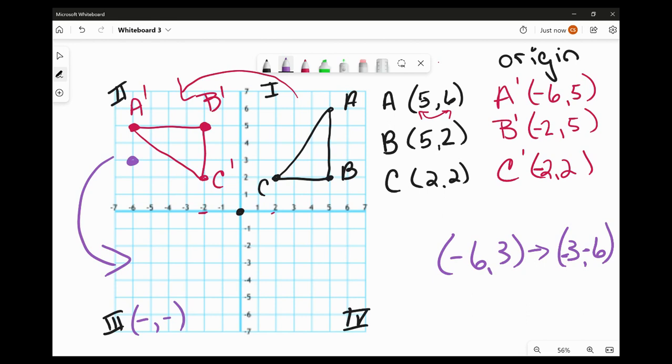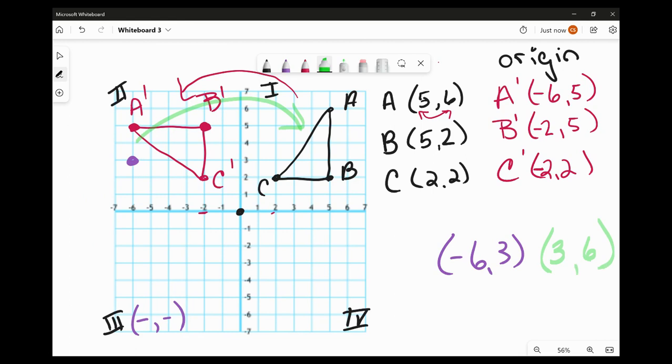Now, if I rotated it in the opposite direction, let's say I wanted to rotate it clockwise, I still have the same numbers. So it's still going to be some version of 3, 6 because it's a 90-degree rotation.